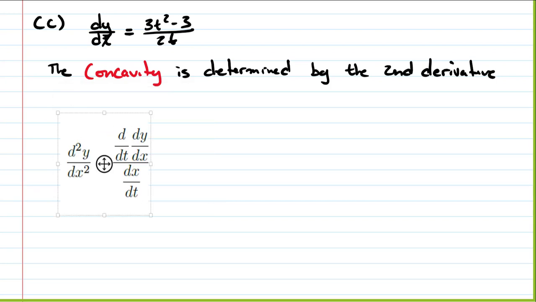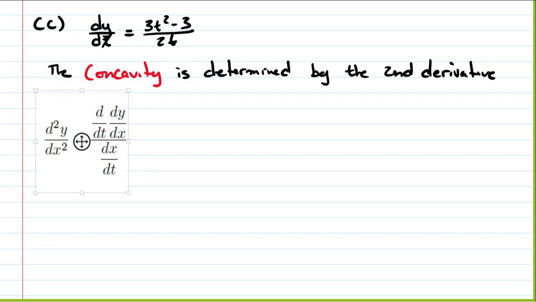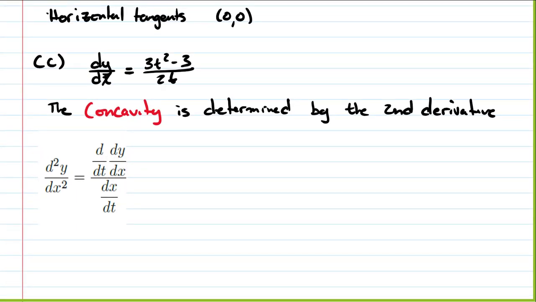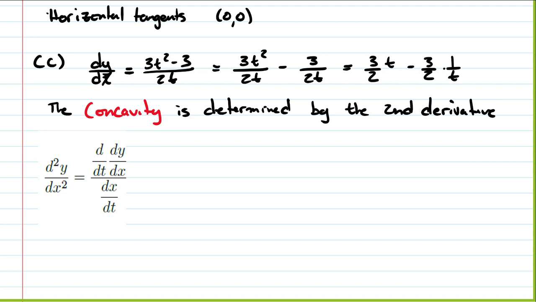So before we dive right into this formula, let's simplify our dy/dx a little bit. That's this guy. It would be the same as 3t squared over 2t minus 3 over 2t. So that's going to be the same as 3/2 t minus 3/2 times 1 over t. And we can note that 1 over t is the same as t to the negative 1.